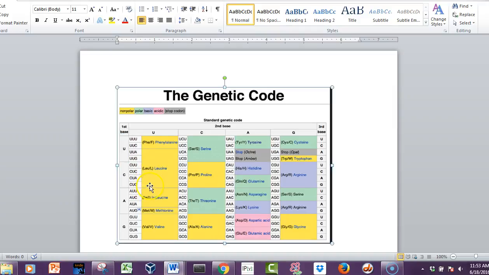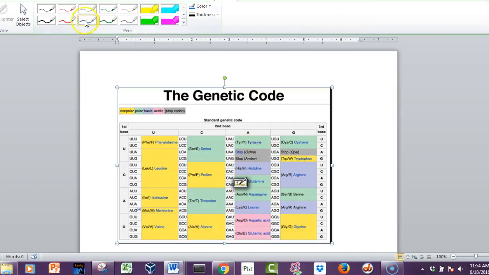For leucine, well, leucine's not a good example because there's some other differences. Let's look at serine, it's a pretty good example. So if we look at serine, we got 4 different codons that can code for serine, and they all differ at the third position.